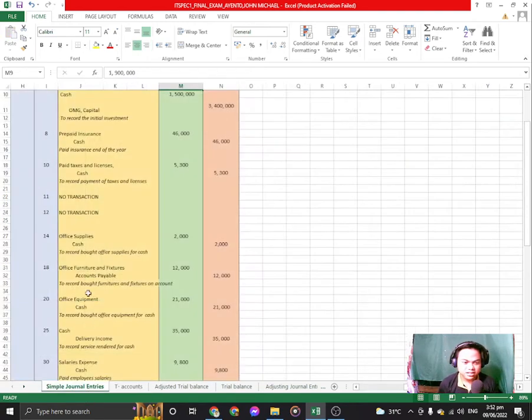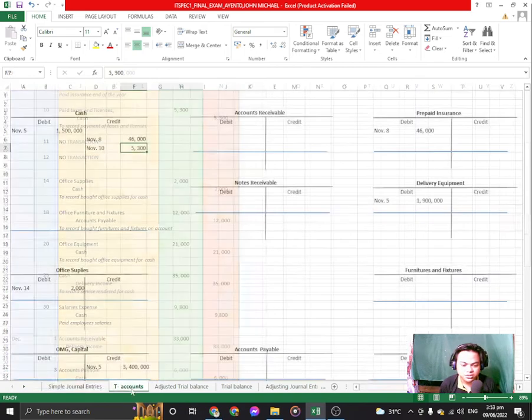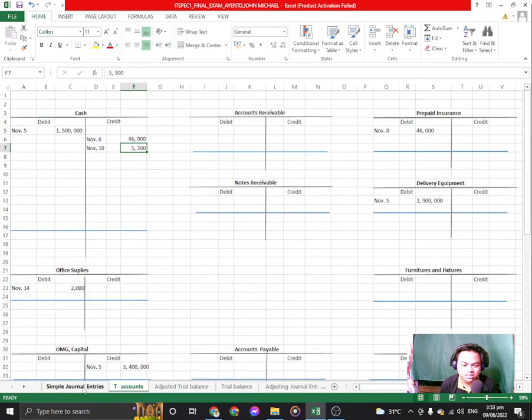Okay, we're going to jump ahead. November 14, office supplies for the debit, we have 2,000 pesos and cash for credit, 2,000 pesos. First we're going to find office supplies.